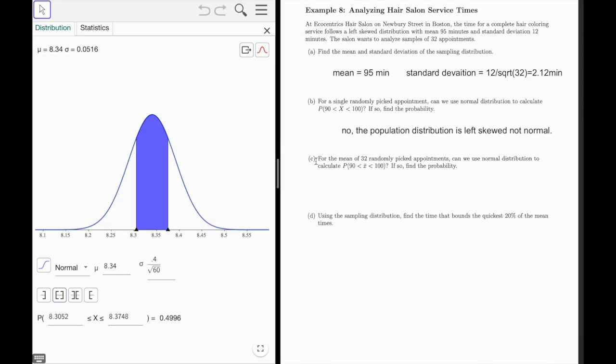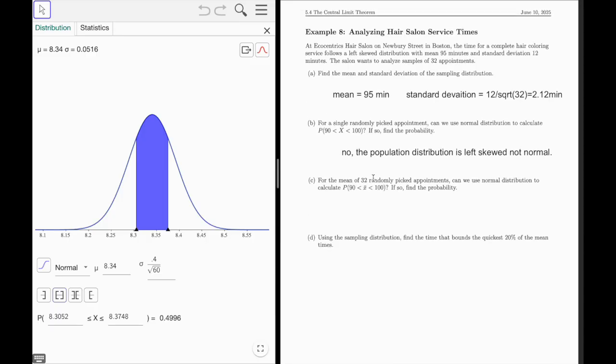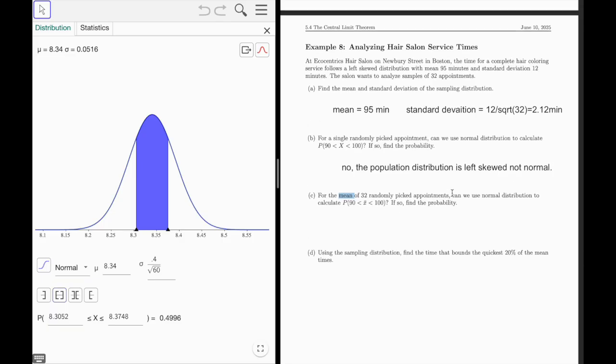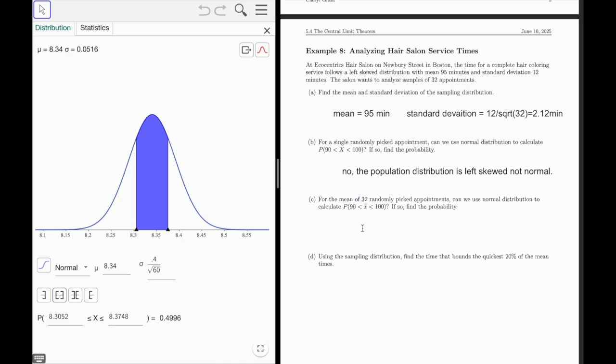For part C, it says, for the mean of 32 randomly picked appointments, now we're talking about the means of 32 randomly picked appointments, can we use the normal distribution to calculate that the sample mean falls between 90 and 100? If so, find the probability. Here we can use the central limit theorem and the normal distribution. The samples are randomly picked. They're independent of each other.